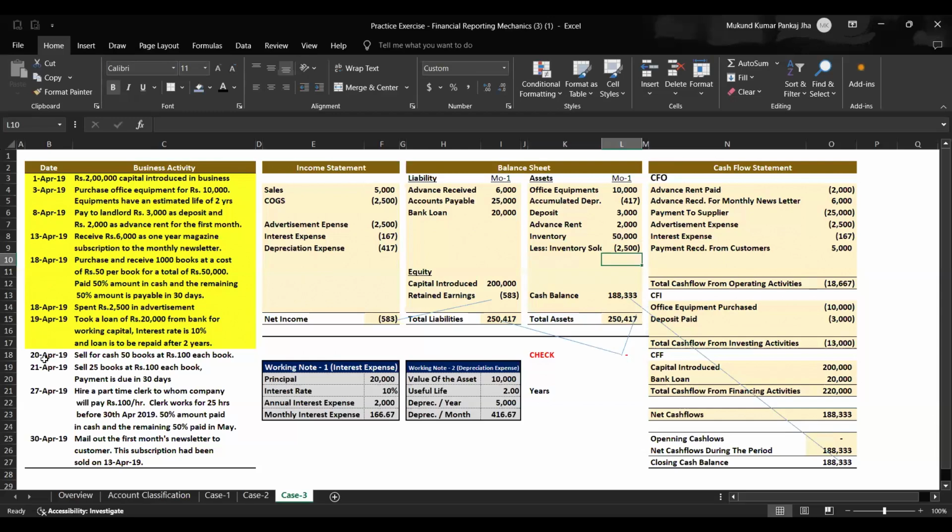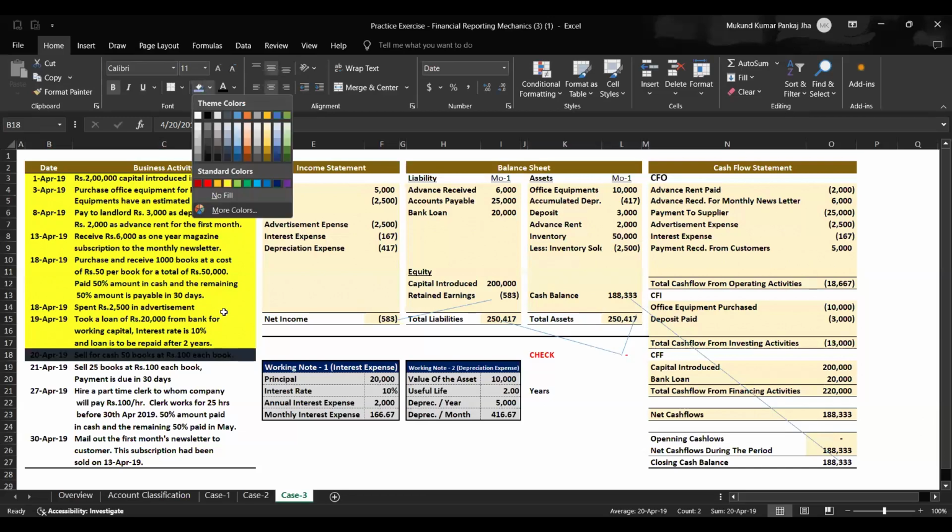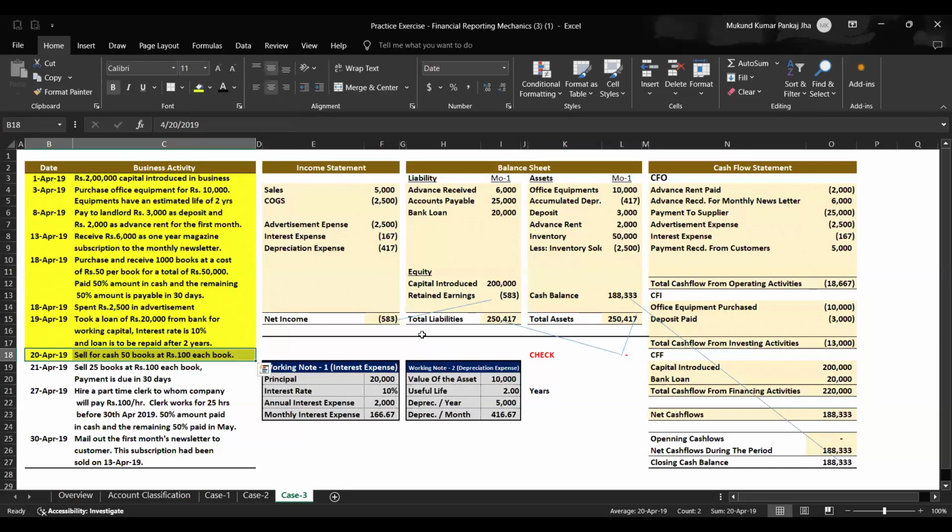Everyone clear with this? Everyone clear with this selling entry or sales entry? Shall we start?